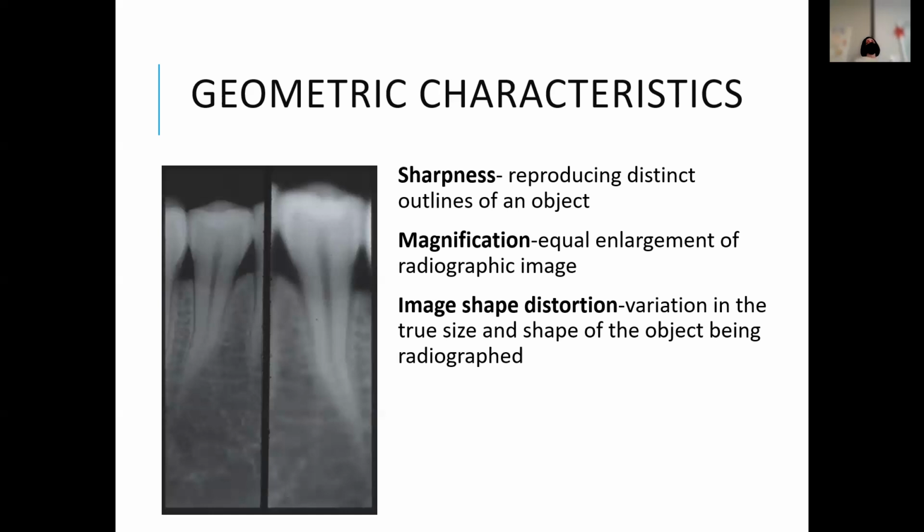So then you get distortion down closer to the apex. There's just not a lot you can do about that. Sometimes people also do have dilaceration in their roots, so they are curved. But it can be from placement of the sensor as well. So, image shape distortion.